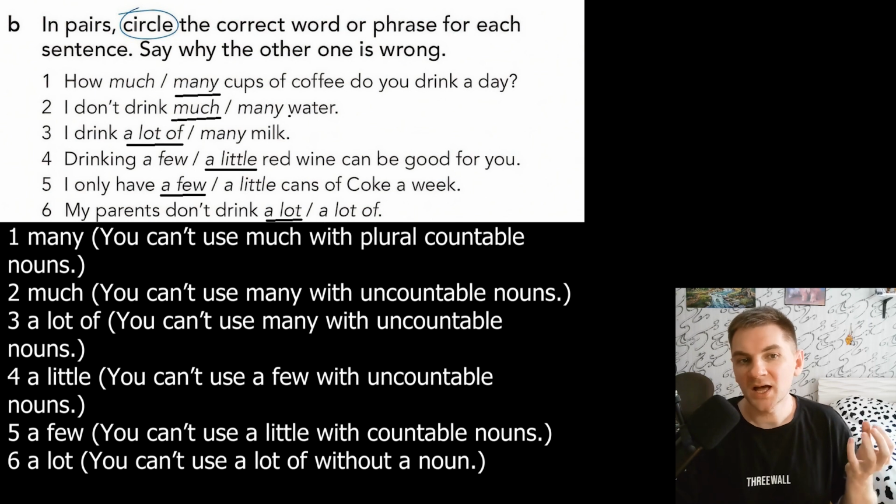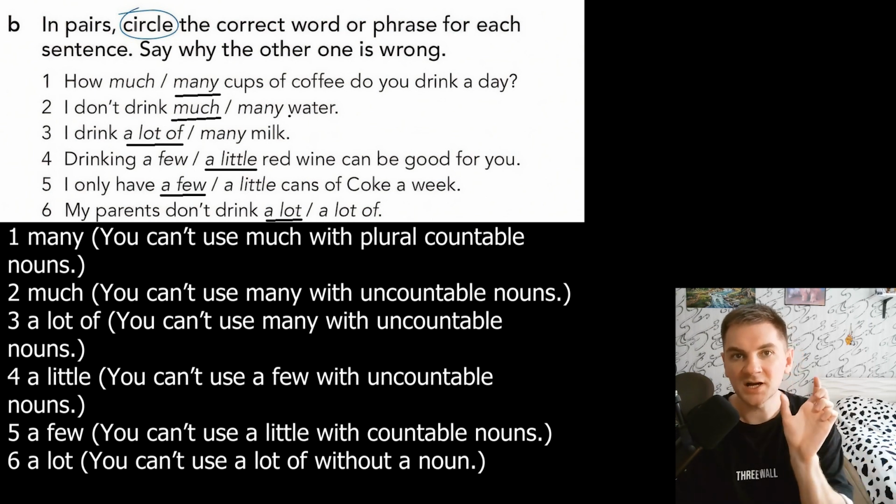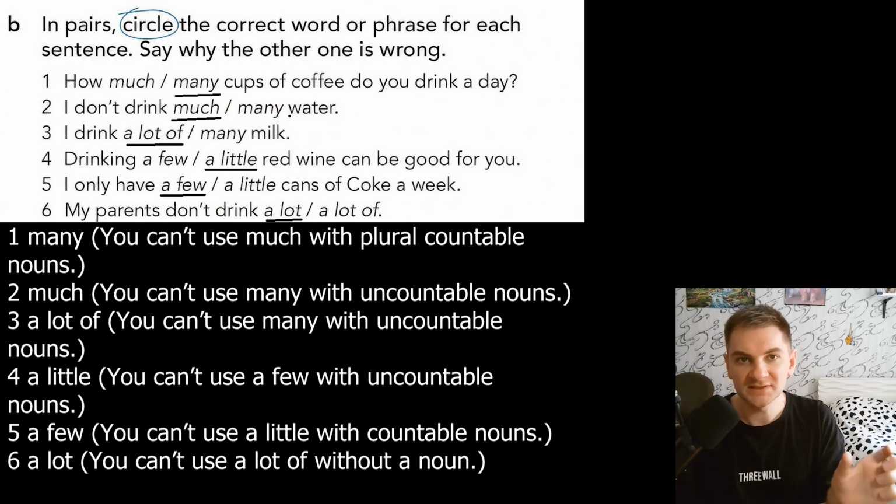Number 1. How many cups of coffee do you drink a day? You know, cups or a cup is a countable noun, and with countable nouns, we use many, not much. That is why it's how many.